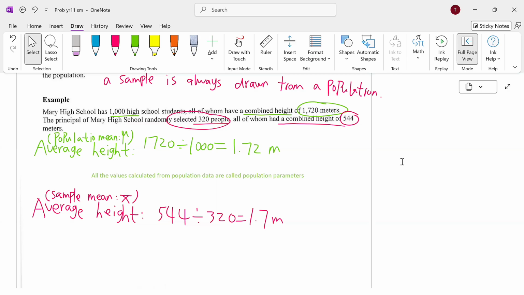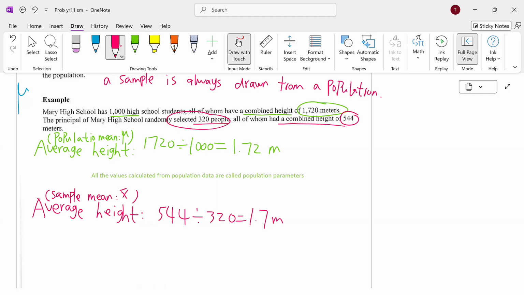Also, you can find population variance, population standard deviation, population median, population mode, population proportion. So what's the symbol for population mean? That's mu. It's not M, it's mu. It's a Greek letter. And this is X bar, X with a horizontal line on top. Again, you can have population mean, population variance, population standard deviation, and so on.